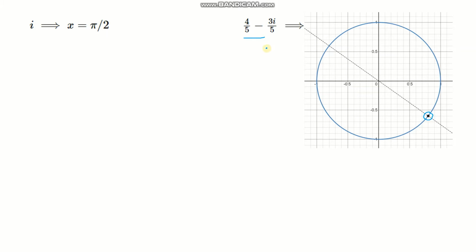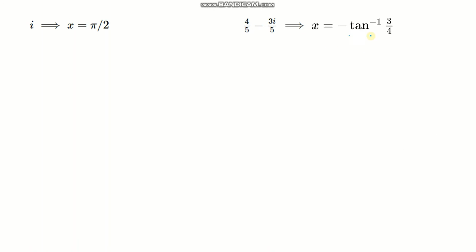To find the other solution, we just need to find the angle made from the x-axis toward this point. If this triangle has real part, the adjacent, of 4/5 and opposite of negative 3/5, then the angle made is negative arctan of (3/5 over 4/5), same as negative arctan 3/4.